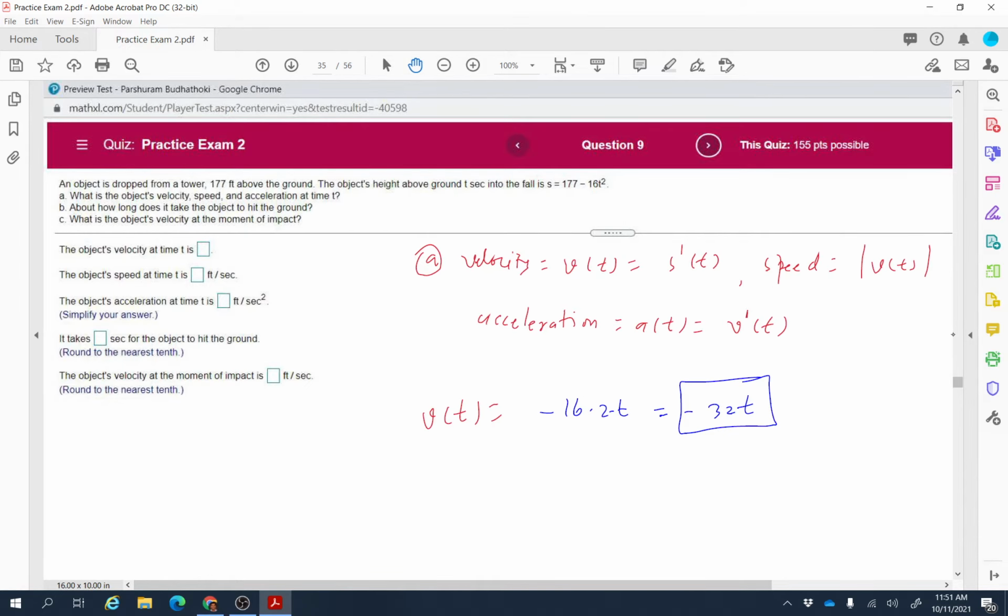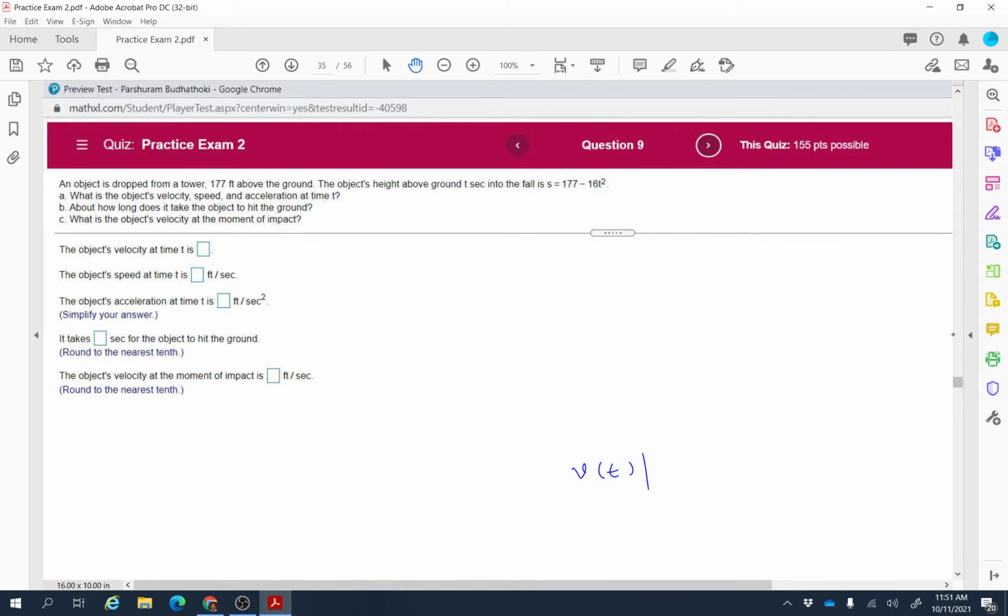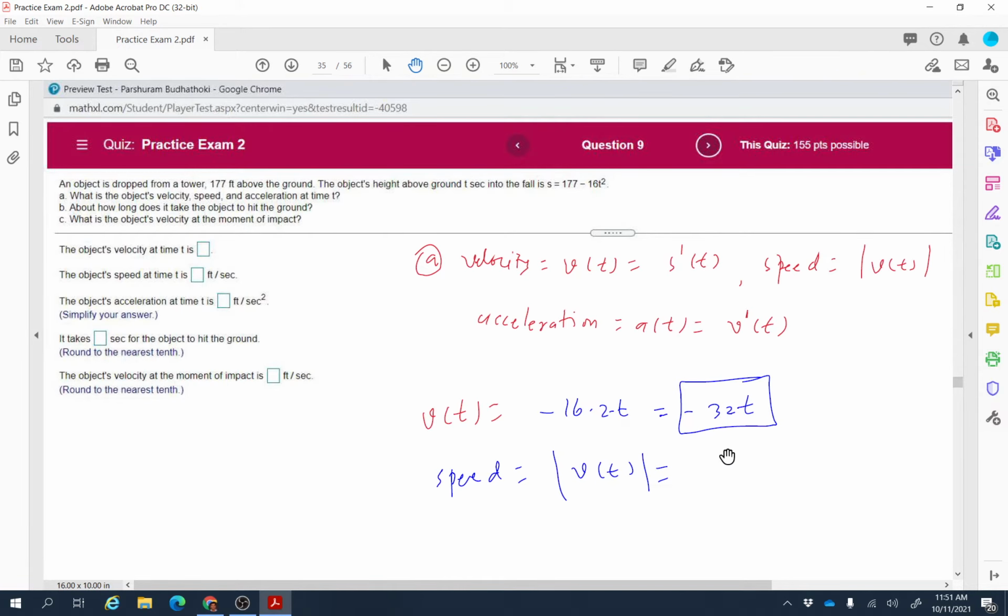So that's the velocity. And the speed, as you can see, is the absolute value of the velocity, which is the absolute value of this one, which is a non-negative number, 32 times t.